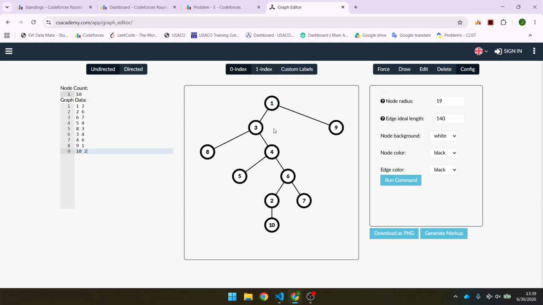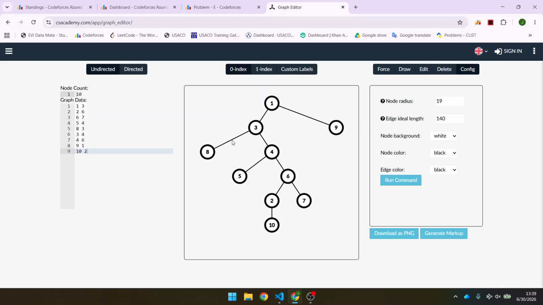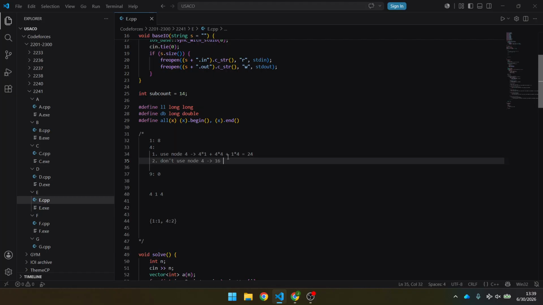Because 4 times 1, you can choose 4 from here and 1 from here, or 4 from here, 4 from here. And then if you don't use node 4, it has to be choose 3 different subtrees. So 1 from here, 1 from here, 1 from here. So 4 times 1 times 4 equals 16.